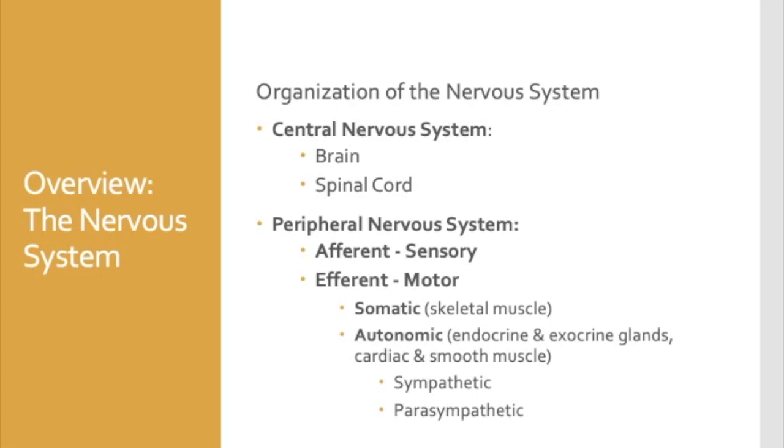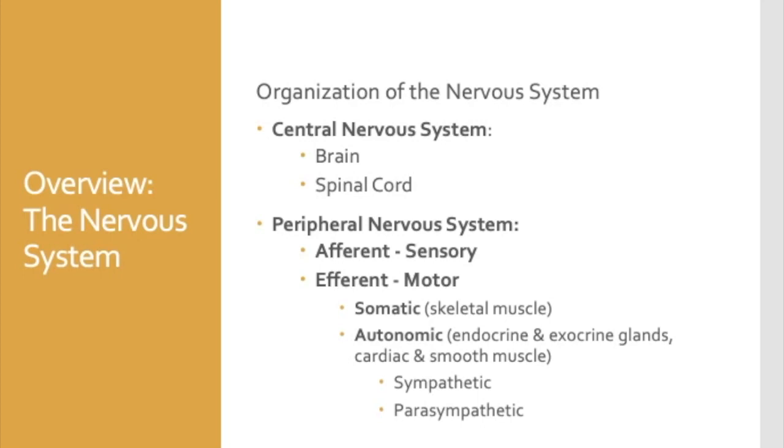There are other parts of the peripheral nervous system that are efferent or motor. These are the pathways that are coming out of the central nervous system and back to the body. So afferent is sensory, and those are the pathways traveling toward the central nervous system.